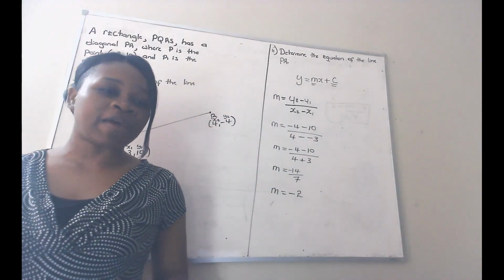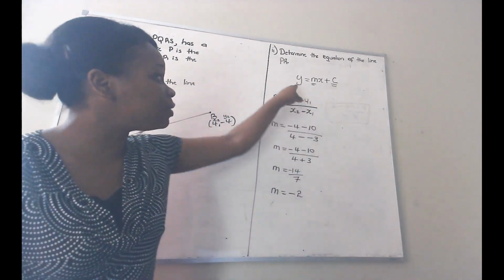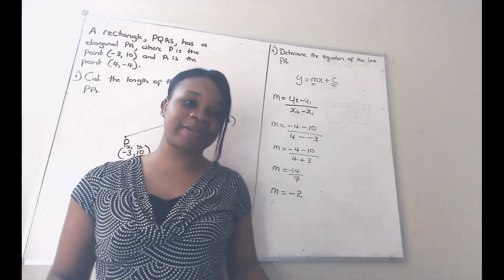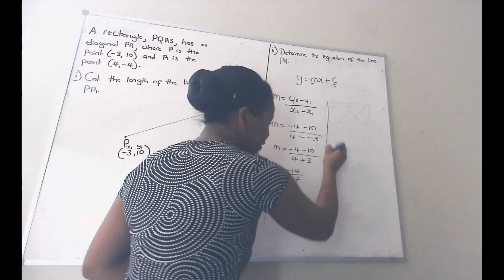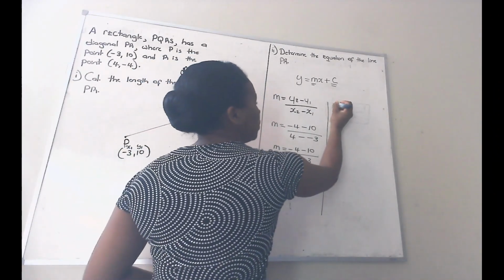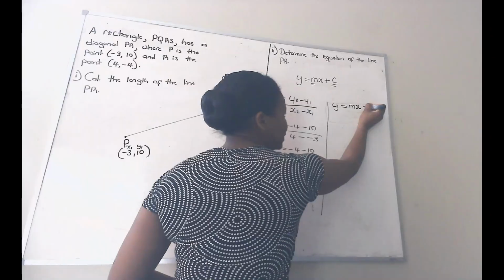We need now to find what C is. Now to find C, we have to use this equation. So we're going to use the equation y is equal to mx plus c.